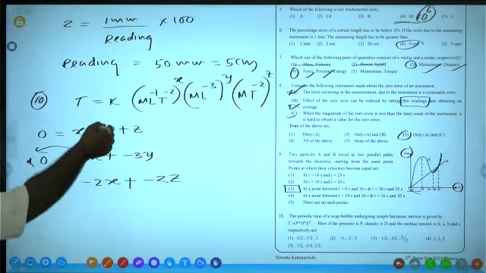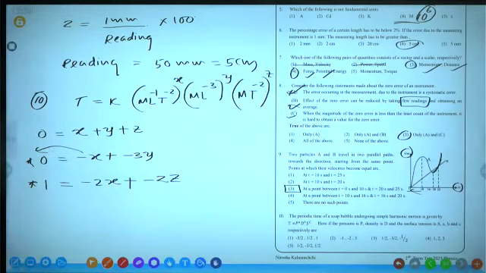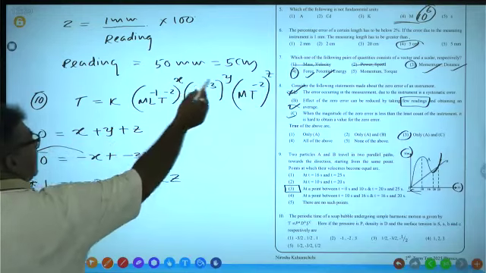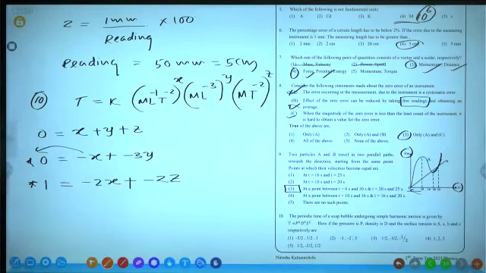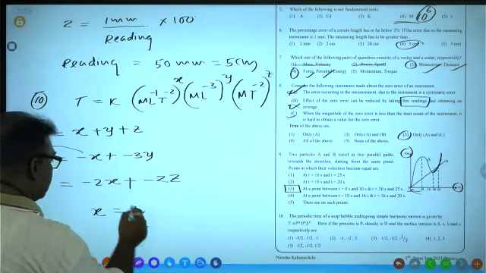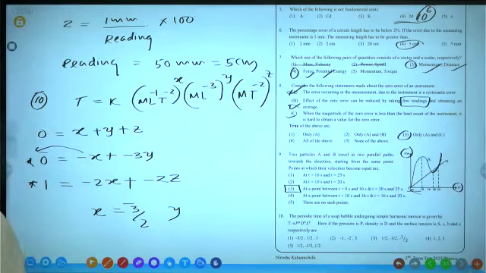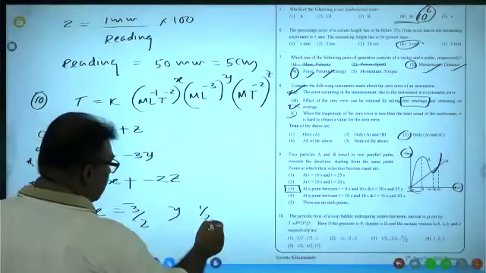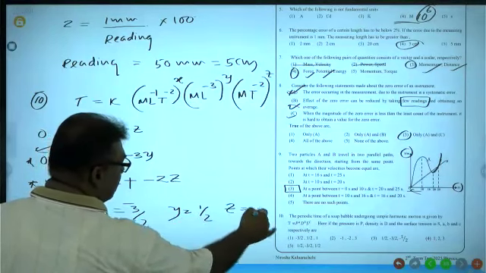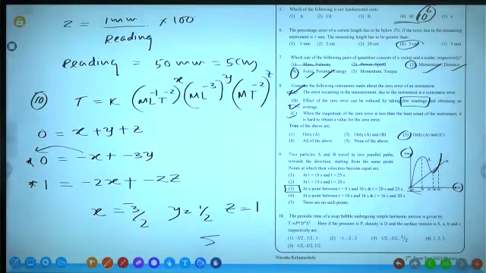Then take that substitution with this one. Then the answer becomes, okay, you can say this one ABC, no matter. A is 3 by 2. Here x is 3 by 2, minus y is half and z is just 1, right? Okay, take the final answer.